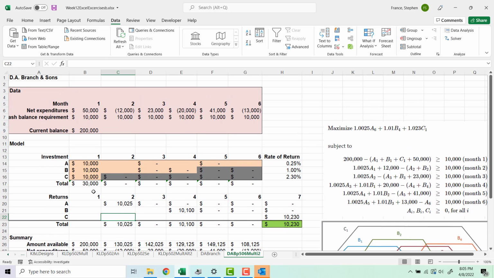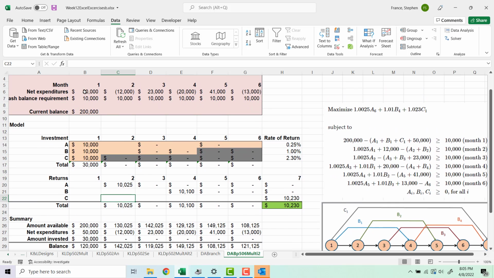Now we have a series of constraints. We've got our $200,000, but we also need to spend some money. This is the amount we need to spend in each of these following 6 periods. The first month, we're blowing it on something, a fancy car or something, so we spend $50,000. In month 2, we actually earn more than we spend, so we get back $12,000.